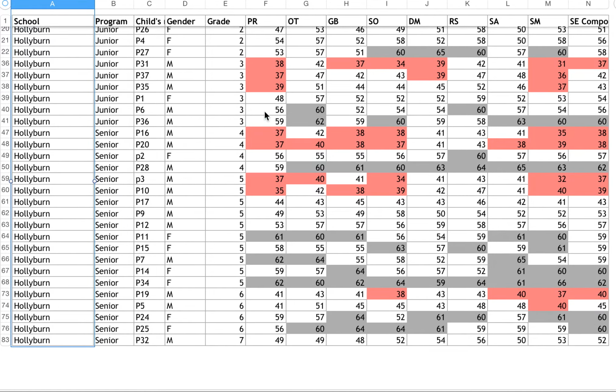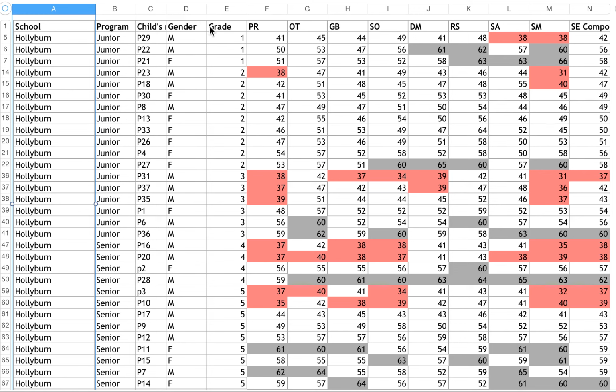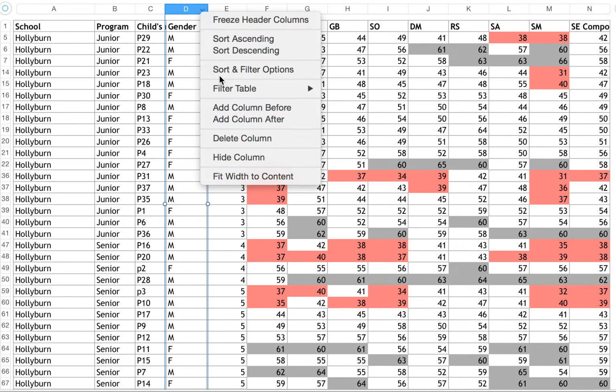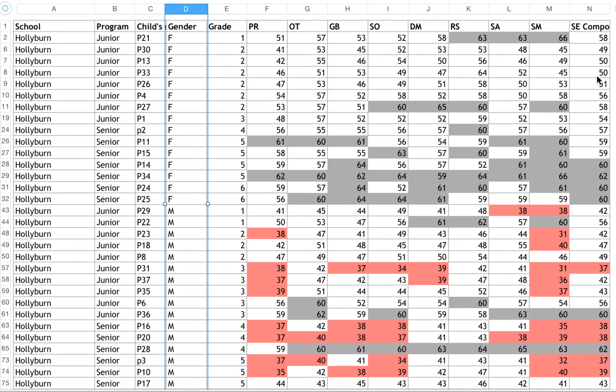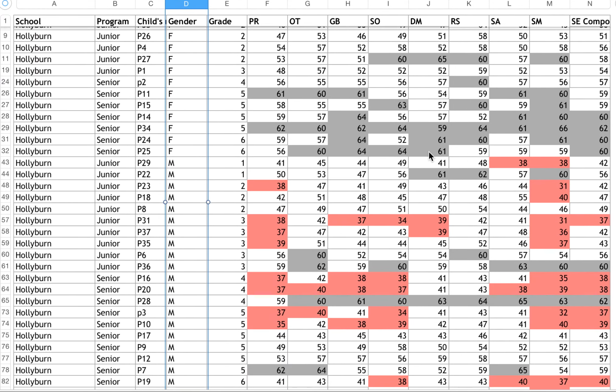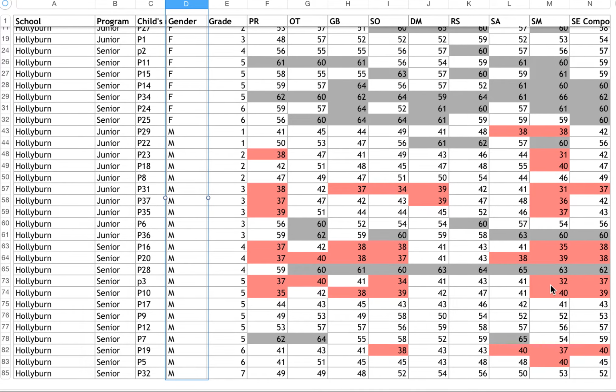Next, I would like to sort the spreadsheet by gender. And we can see that the majority of the strength scores belong to female students, and the majority of the need scores belong to male students.